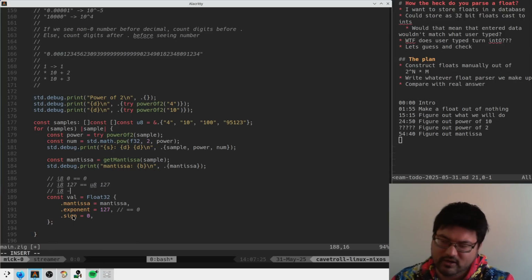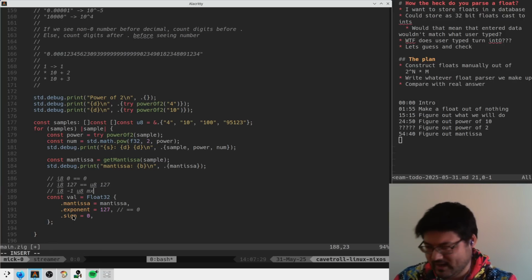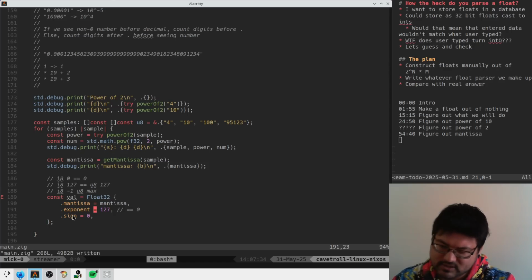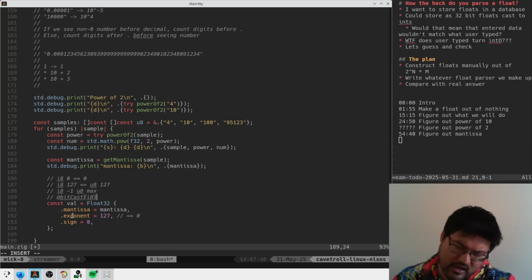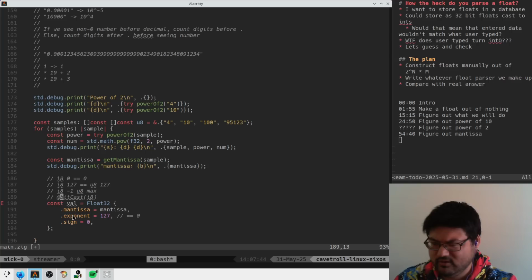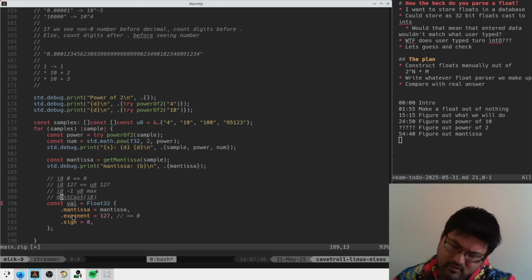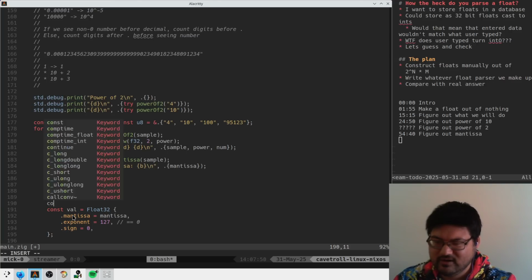So I8 -1 is U8 max. So can we convert this easily to the exponent? Is it like bit cast the integer, the I8 to a U8 plus 127 with a wrapping add? I think yes.